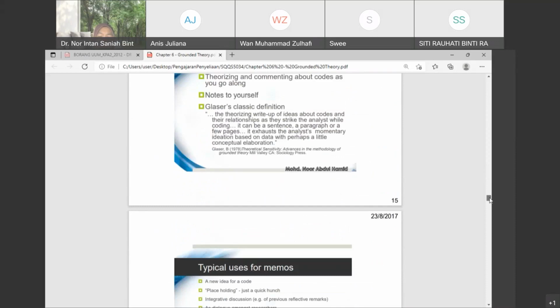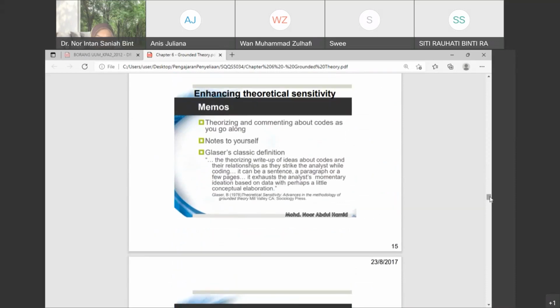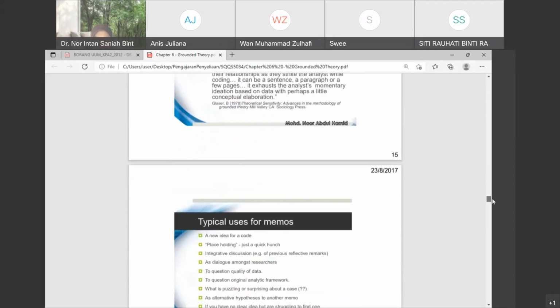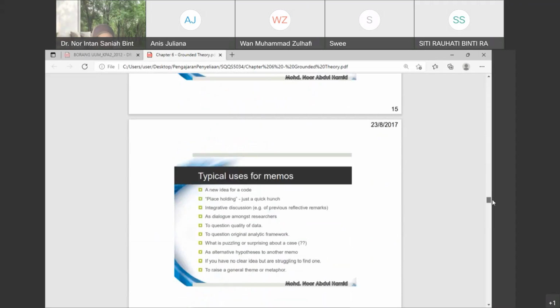The typical memos, from Glaser's definition, are where we write ideas about the codes, and then we see back how far the ideas we found can take us to define the model, or whatever you want to derive.